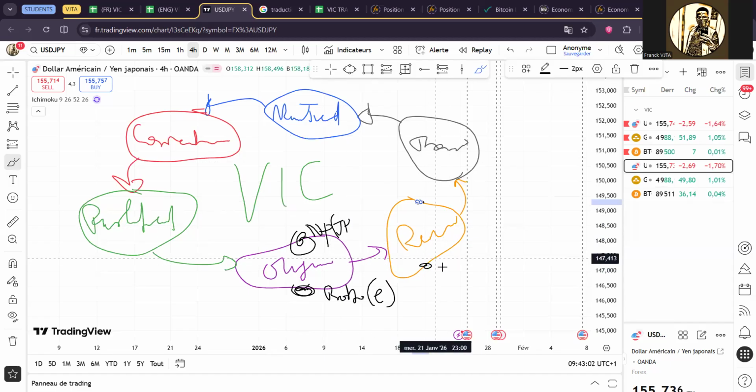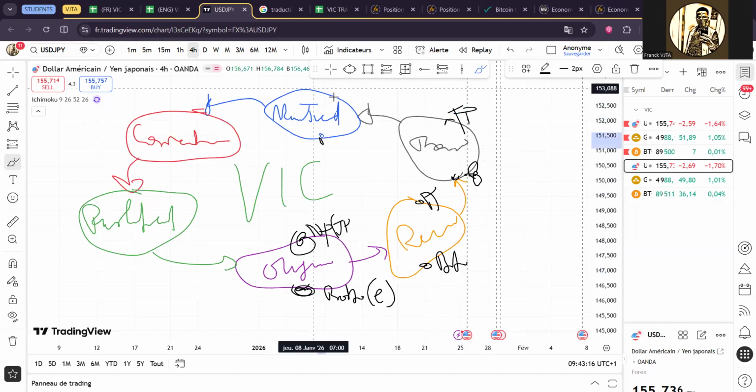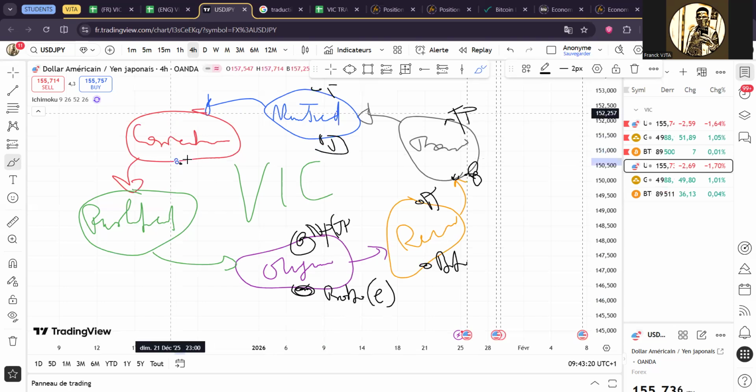The bottom and the top for the TP, the bottom and the top inside the transition, the bottom and the top for the correction, the bottom and the top for the push trend.